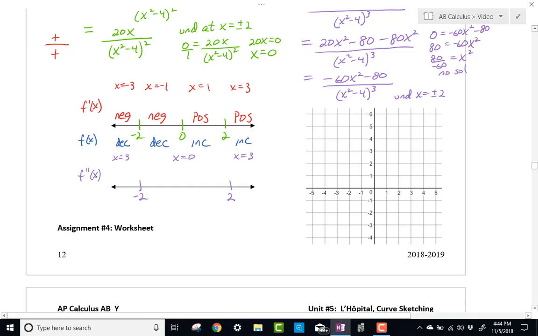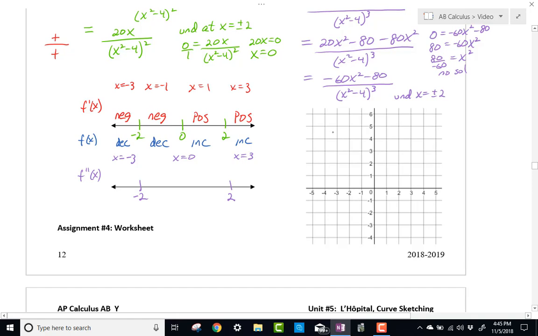I need to plug in, oops, this is supposed to be negative 3. So I need to plug in negative 3 into f double prime. Oh, goody. All right, take a look at my fraction here. Let's see what's going to happen. So if I plug in negative 3 to this fraction, I'm going to get negative 3 squared, which is 9. 9 times negative 60 is going to be negative, and then I'm going to subtract 80 more.